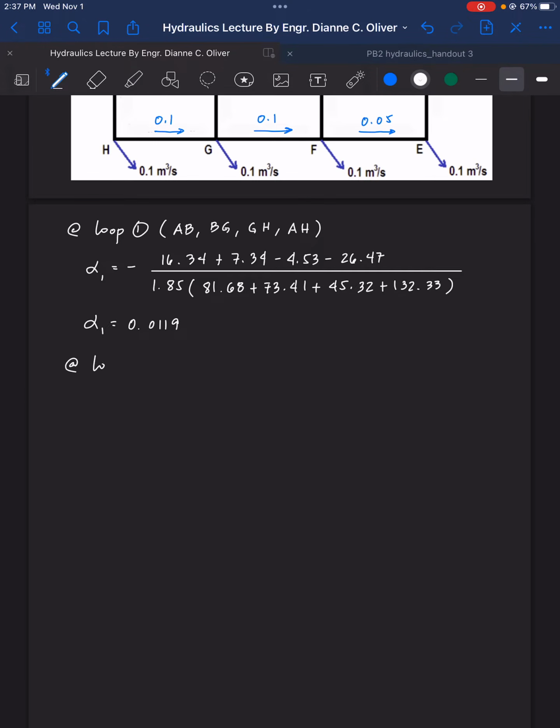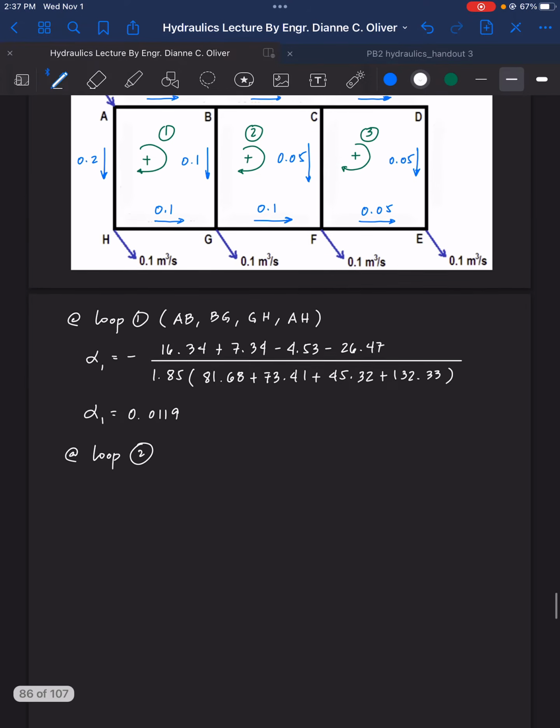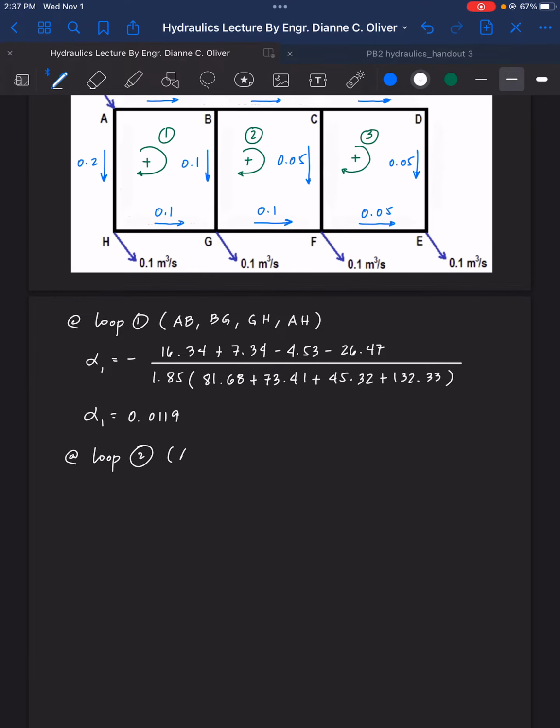So at loop number 2, the second correction, we are concerned with the pipes BC, CF, FG, and BG.